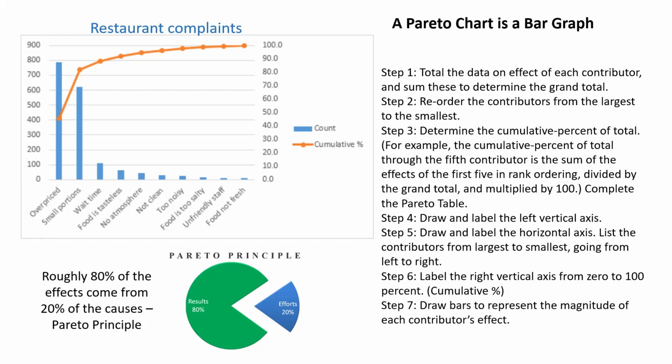The idea is that 80% of the effects, 80% of the issue, is probably due to 20% of the causes.